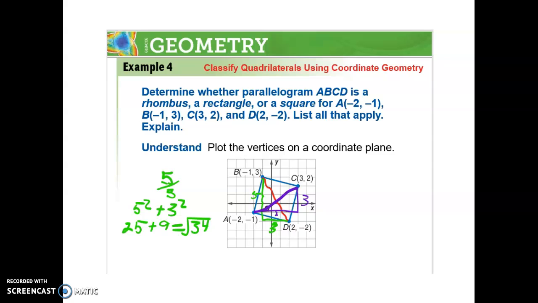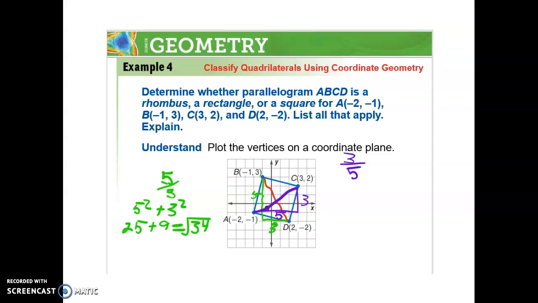So guess what? They are a match. Well, not a match necessarily. Let's look at this again because we went down 3, and over 5. So it's going to be 3 over 5, because this is our rise.